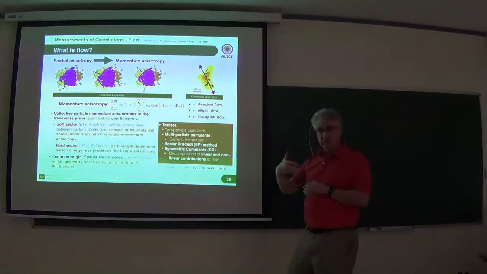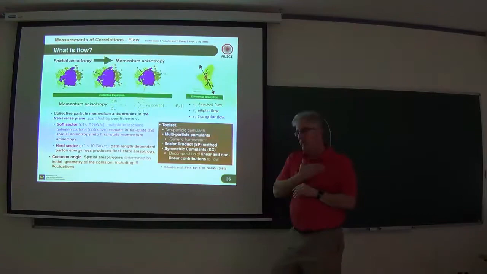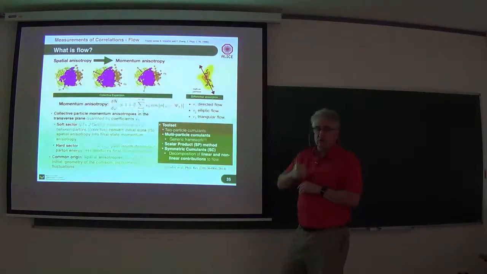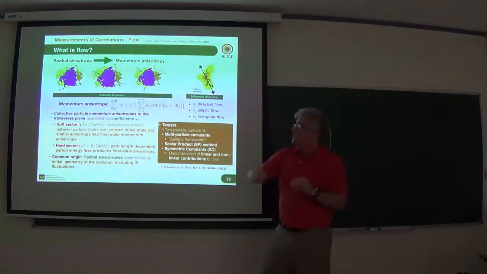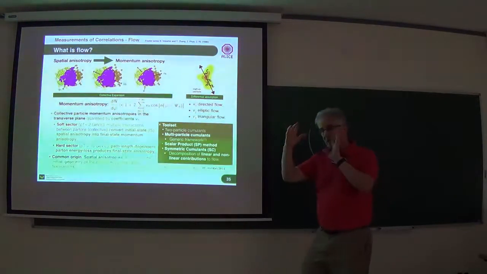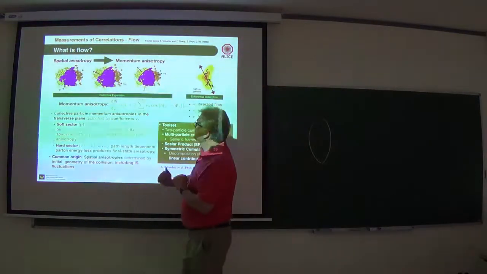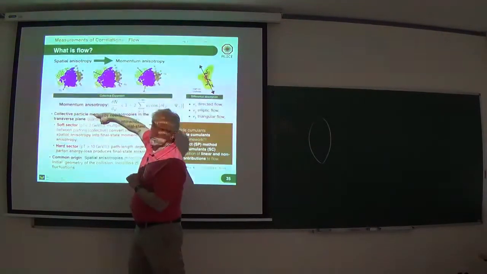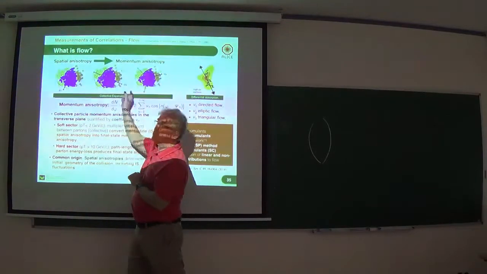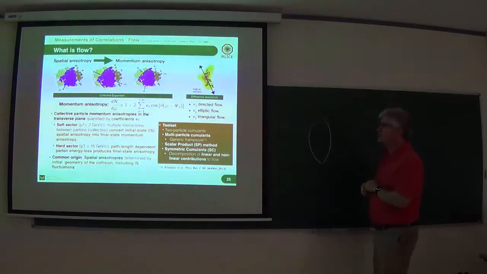At high momenta, particles are essentially moving at the speed of light. They go through the system before the system has really time to react very much. So what matters at very high momentum is how thick the system is in any given direction. And so if you have a particle going along the long axis or along the short axis, they will experience different amounts of energy loss.